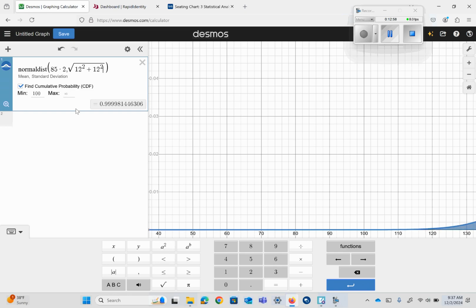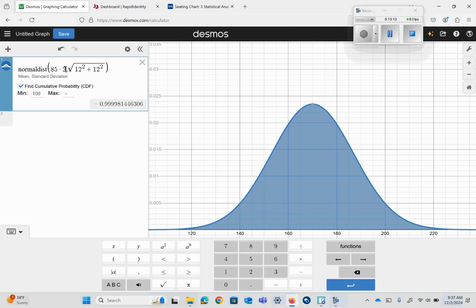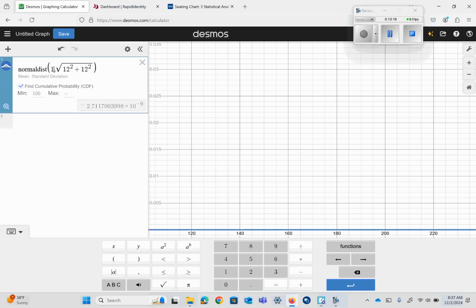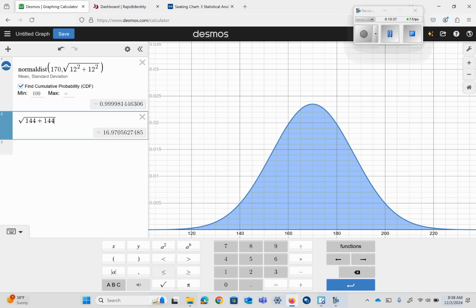That basically changes our normal distribution somewhat. 85 times 2 is what? 80 plus 80 is 160, 170. Yeah, you're right. Thank you. And then 12 squared is 144, plus 12 squared, 144. The square root of 144 plus 144, because that's 12 squared, is 16.97.